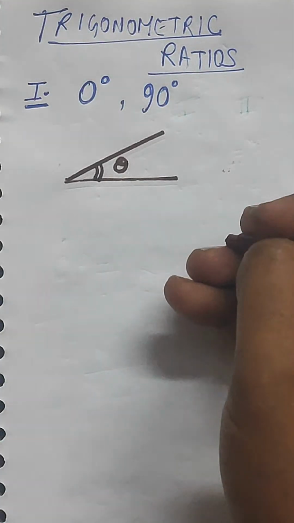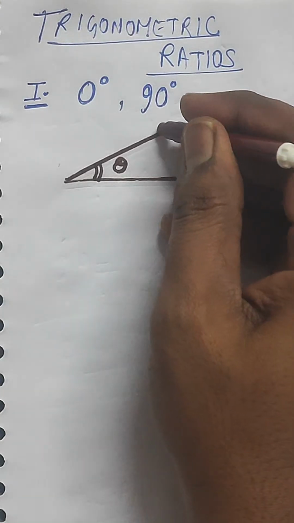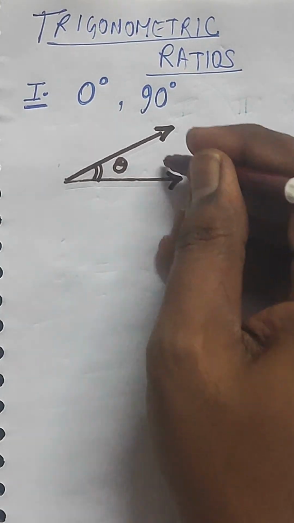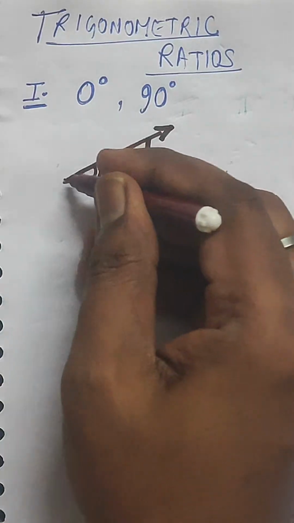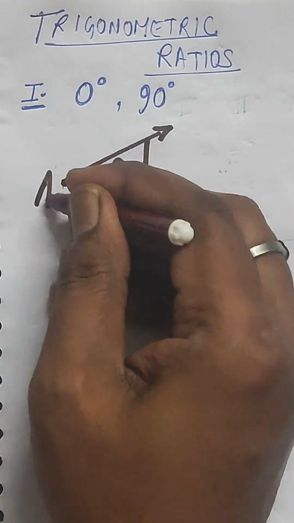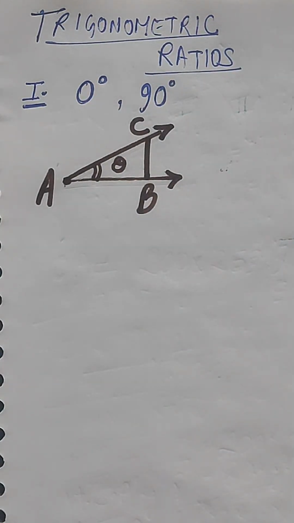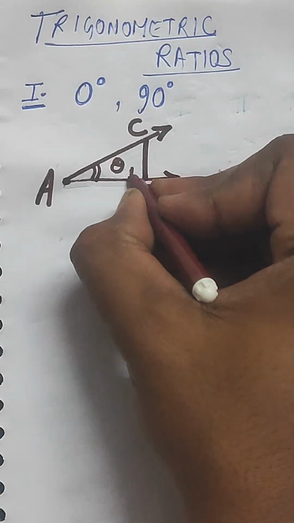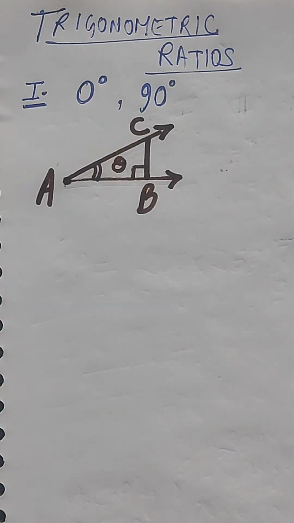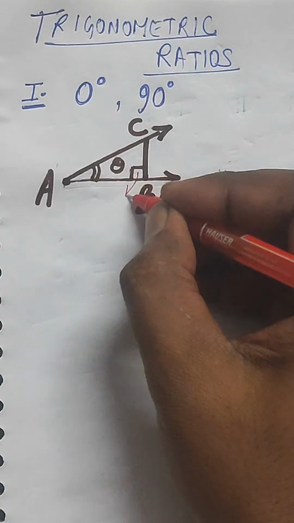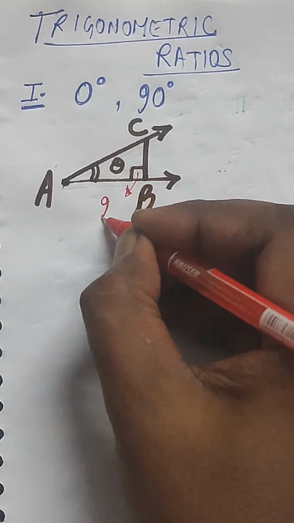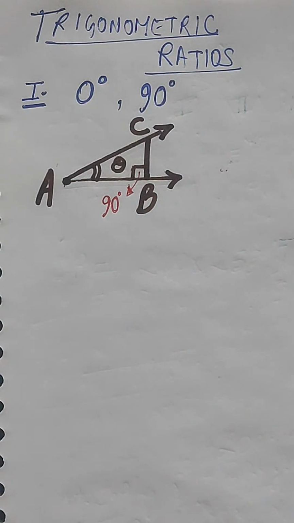If this is angle theta, then we can say that A, B, C is the right angle triangle, okay, and let's say this angle B is nothing but 90 degree, because to find the trigonometrical ratios we will be using this right angle triangle, right?